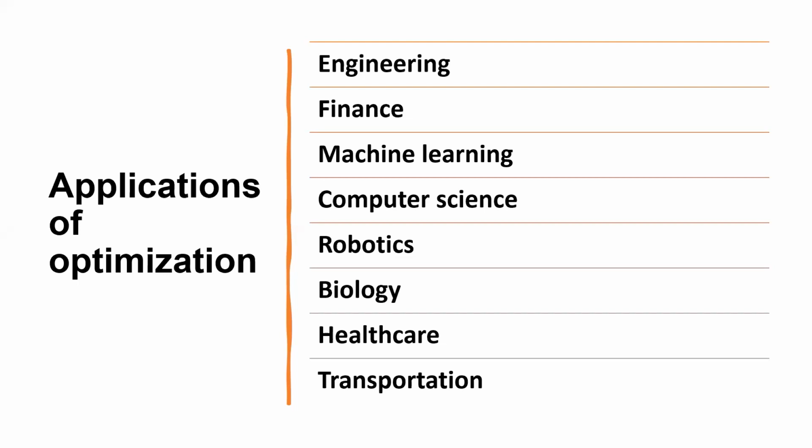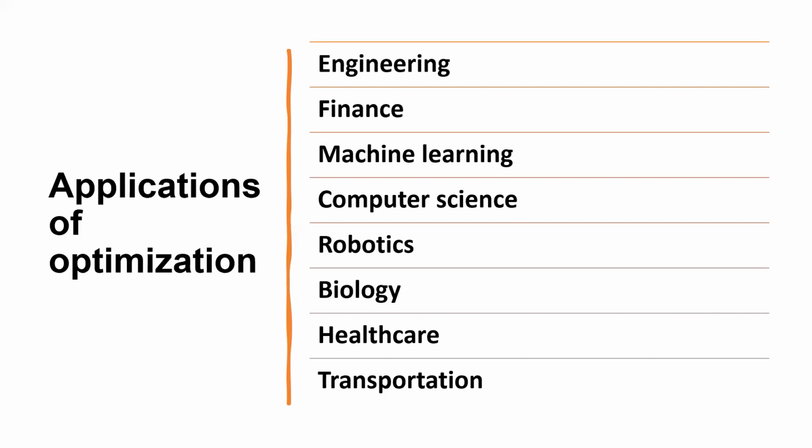And in biology, used to model and understand biological systems such as maybe protein folding, gene regulation, and population dynamics, and what all the biology field is doing. A lot of optimization is adopted.